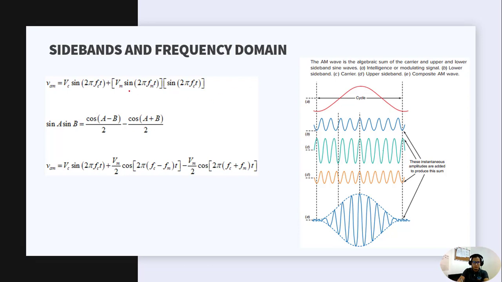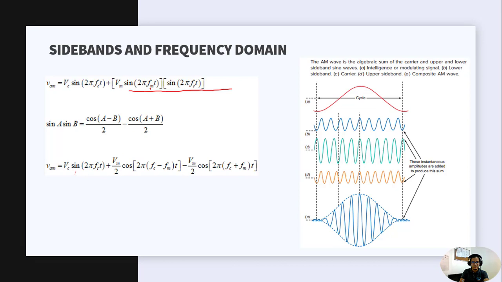So what we're looking at is itong dalawang sign na to. We have sin A and sin B. So that will be, so ito retain to, Vc sin 2 pi fct plus cosine A minus B, diba?